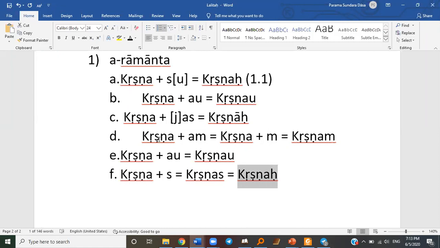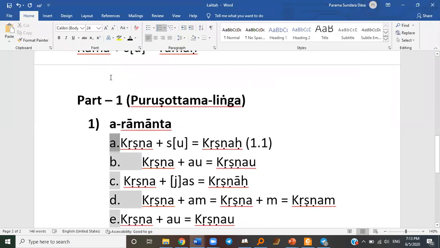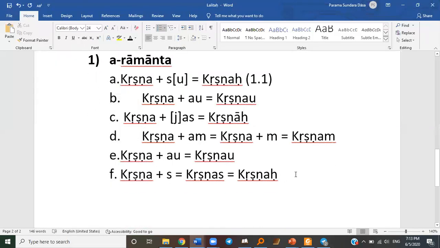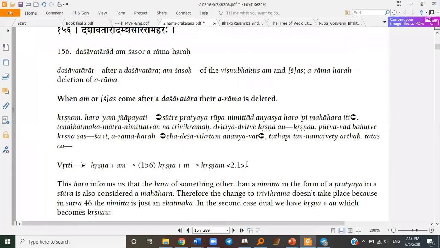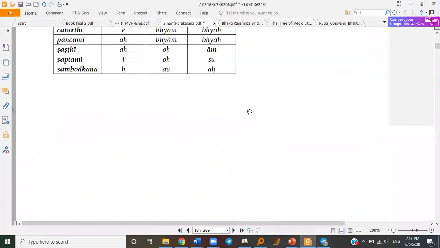Two sutras. Got it? If you didn't, please tell. Very important. We did two sutras, right?